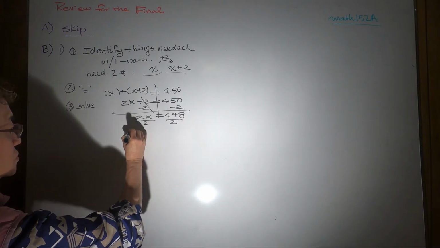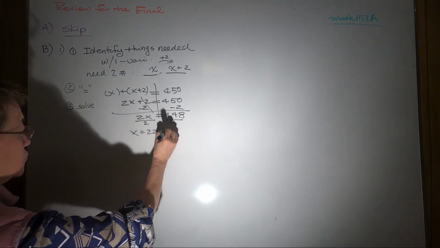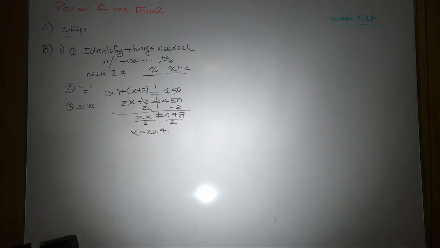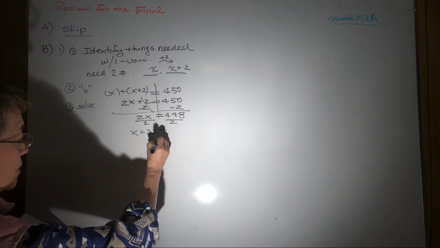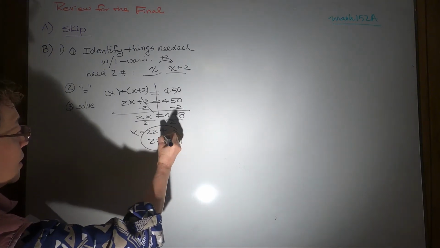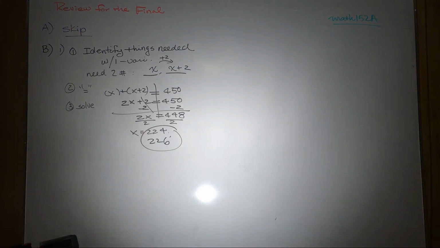Divide by 2, so your x is what? 224. Then what was the question? Two consecutive integers. So one number is this, another one is 2 more, so that would be your answer, right?